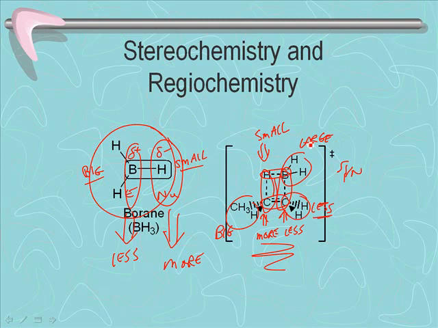And the smaller atom, hydrogen, gets paired up with the more substituted carbon of our alkene. So this is argued both from the standpoint of Markovnikov's rule for addition of the BH bond and from the standpoint of sterics.